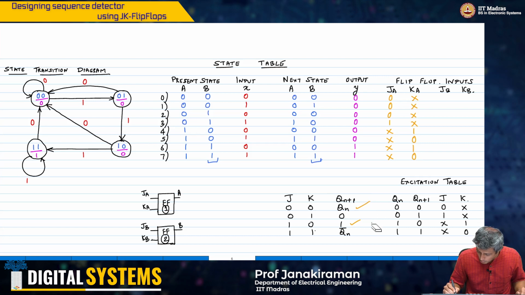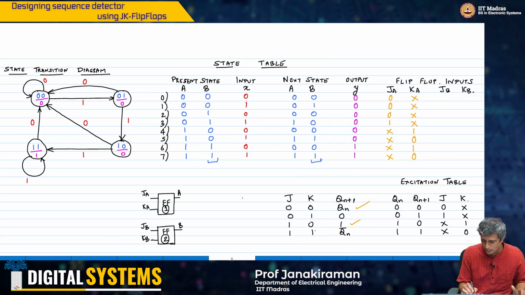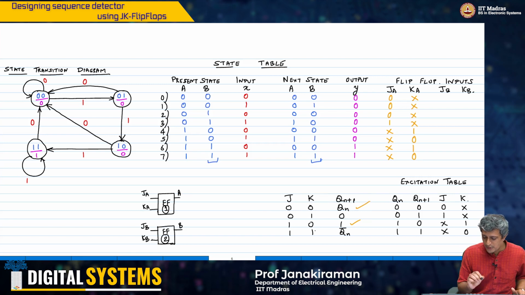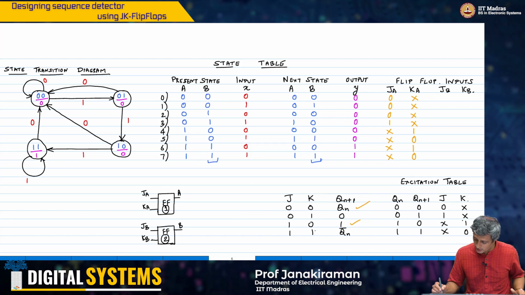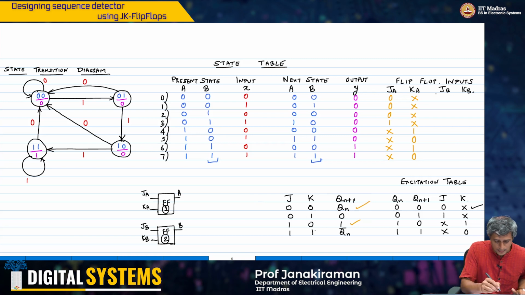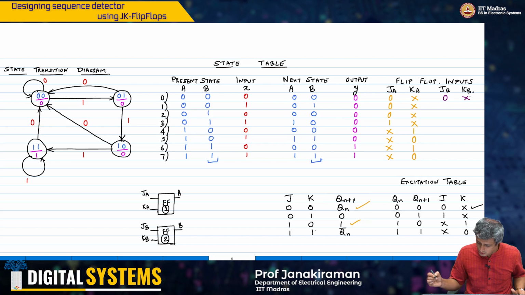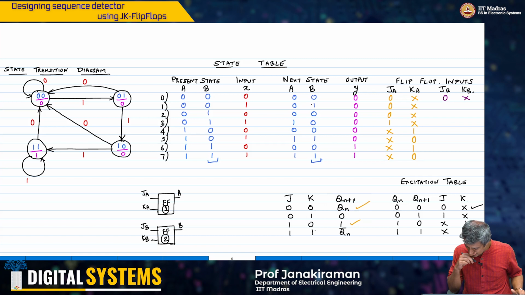So all we have to do now is to look at the present state and next state and just map it to this JK from here. So we are looking at row 0 for B. It is a 0 0 condition, so I will use this, 0x. Next I am looking at 0 1. If I am talking of 0 1, I am looking at 1x.